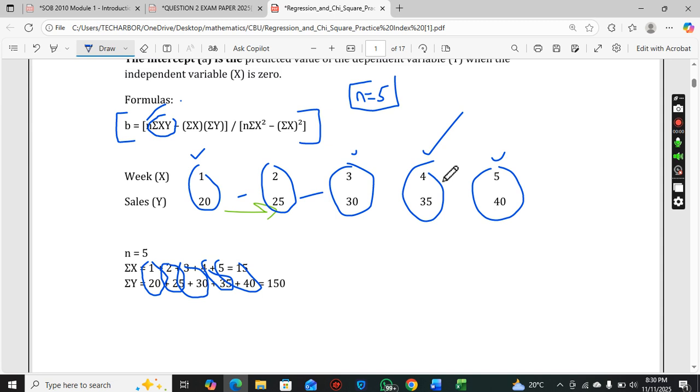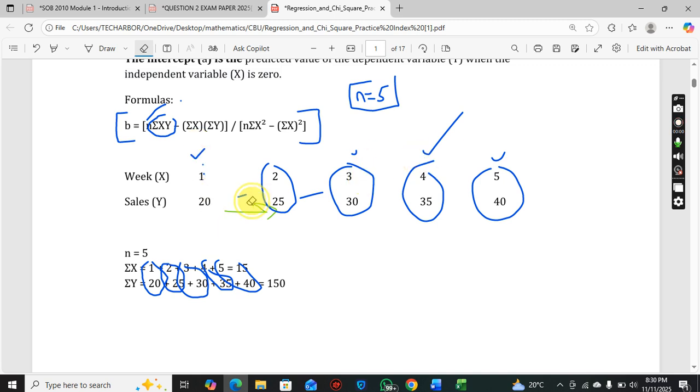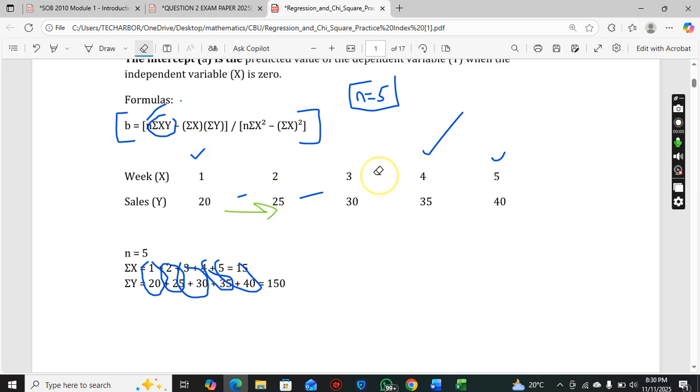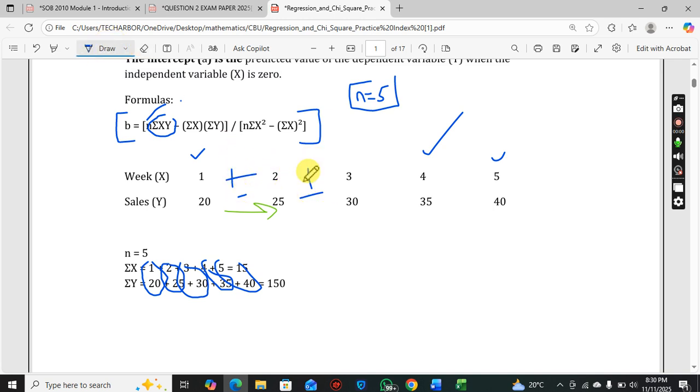Step by step. Sigma x here means these x values, you are adding them up. You add 1 plus 2 plus 3 plus 4 plus 5.